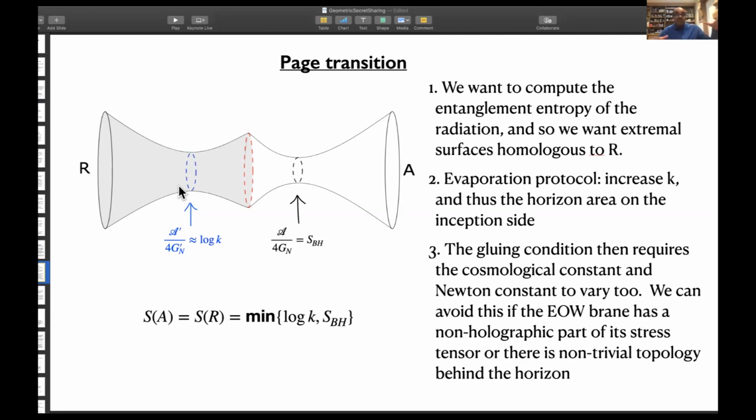So it threatens to get big as you increase the k in the evaporation protocol. But at the moment when this gets bigger than the black hole horizon, pop, the extended RT prescription that we're proposing would cause you to pick the black hole horizon instead as the minimal surface. So automatically the Page transition will be satisfied. You basically got it for free.